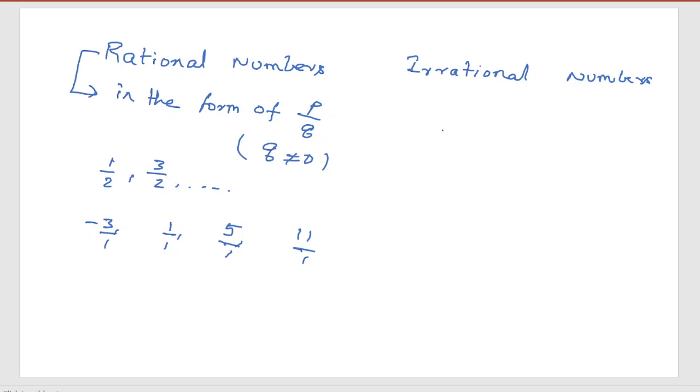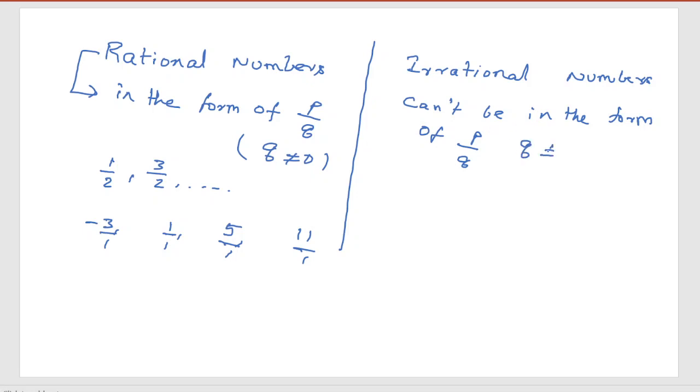Irrational numbers, we will just define now, and discuss in more detail later. Irrational numbers cannot be written in the form p by q, where q is not equal to 0. So rational numbers we can write in the form p by q, q not equal to 0, and irrational numbers cannot be written in the form p by q, q not equal to 0.